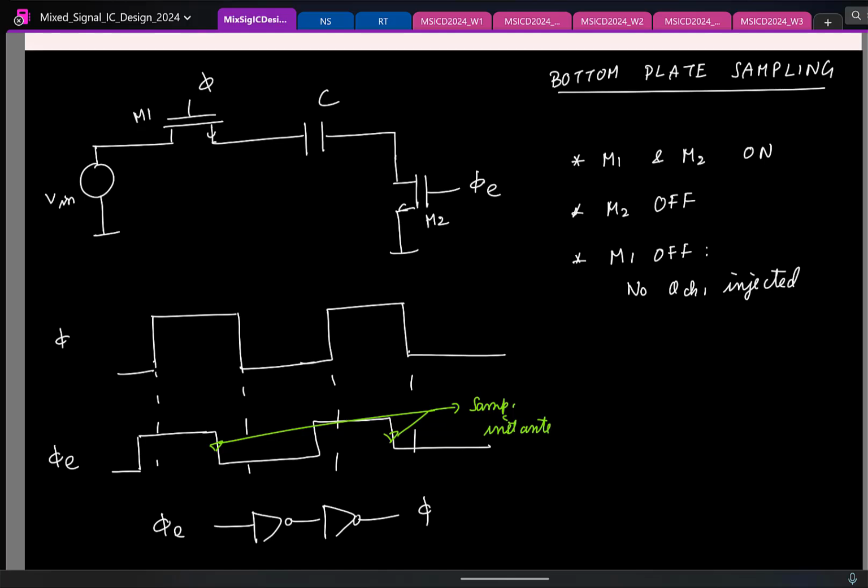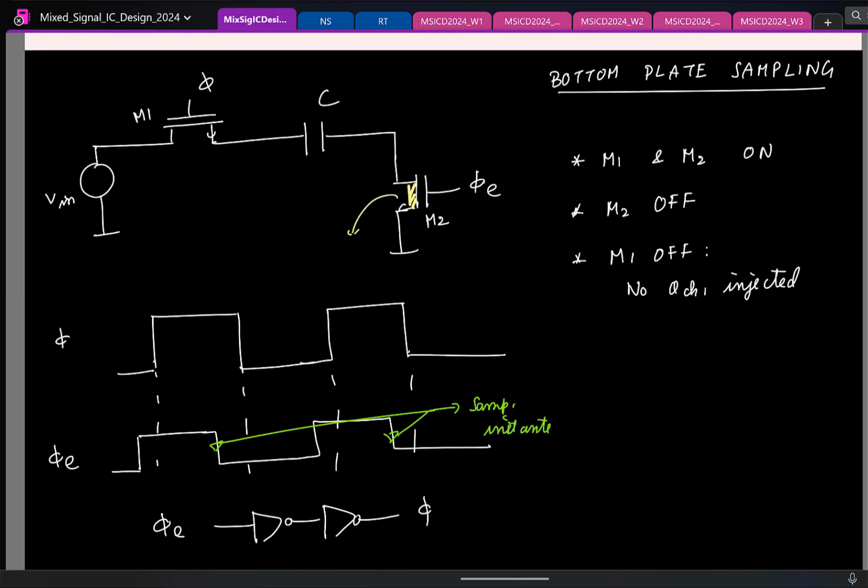Please recollect, is charge injection a problem, or what kind of charge injection is a problem? If the charge depends non-linearly on the input, that is where we call this a problem. That's where we draw the line. So when M2 is on, what can you say about its gate to source voltage?